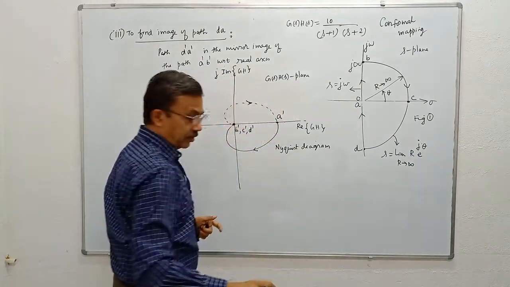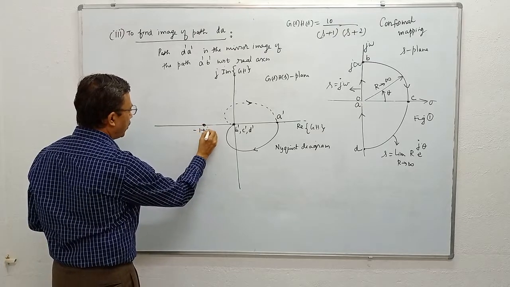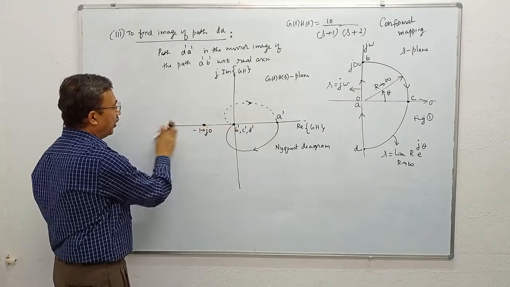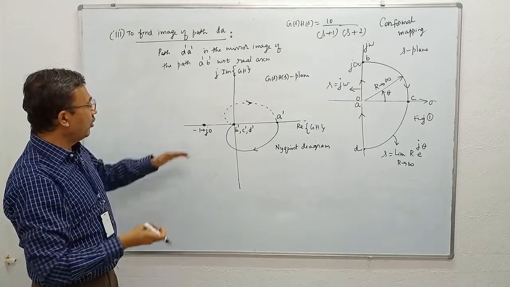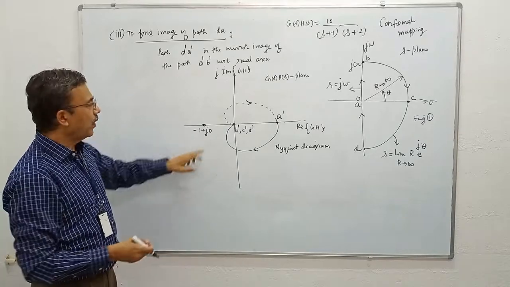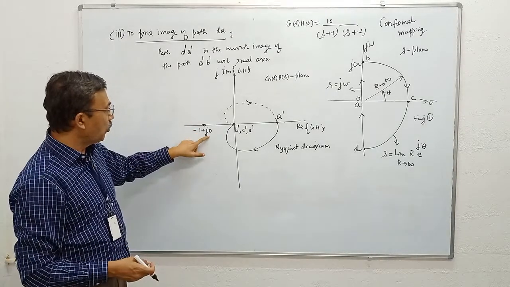In the Nyquist criterion, there is a point called -1 plus j0. The distance from the origin to this point is -1 on the real axis, and the imaginary part is 0. Therefore, this point is -1 plus j0. N stands for the number of encirclements around this point.